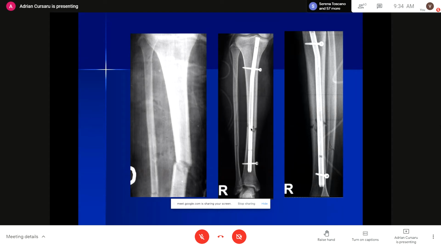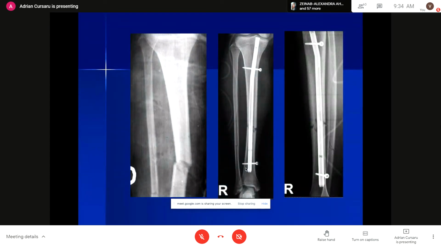Okay, what's the treatment for that type of fracture of the middle part of the shaft of the tibia? What do you think it is? Surgical. It is a surgical treatment, but it is very important to establish what kind of surgical treatment.